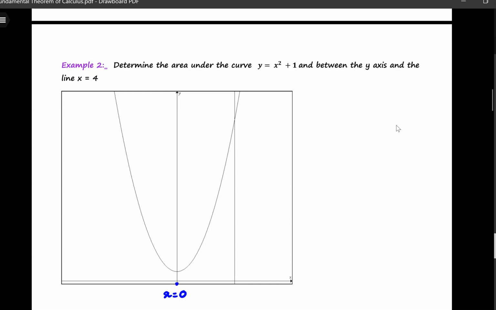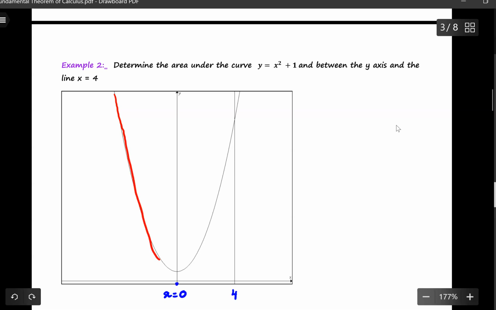And the line x equal to 4 is right there. And this parabola that they are giving me is identified as y equal to x squared plus 1, which is absolutely true because I can see the vertex is right here, so (0, 1).